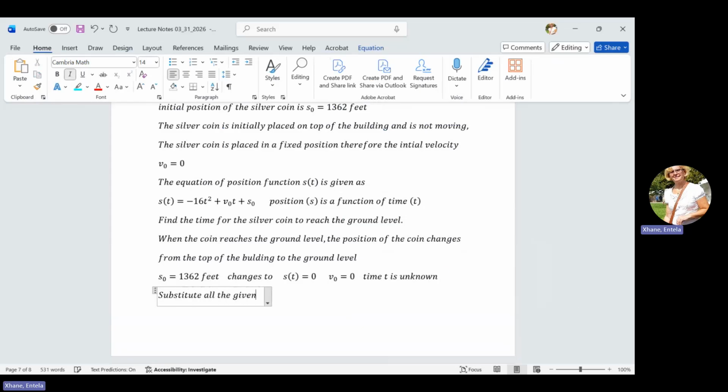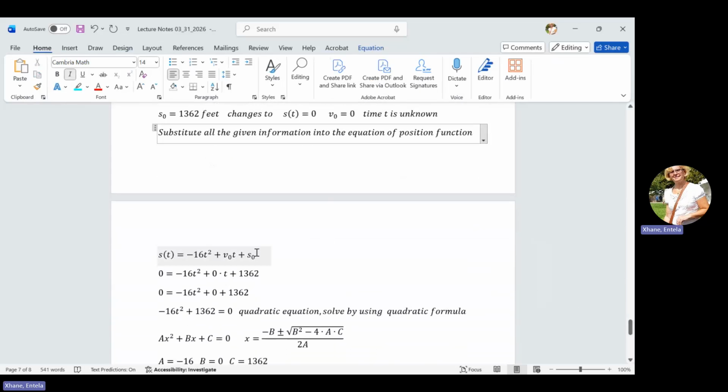All the given information into the equation of the position function. And then once we plug it in, that's the equation of the position function. So I'm going to highlight this and start substituting.